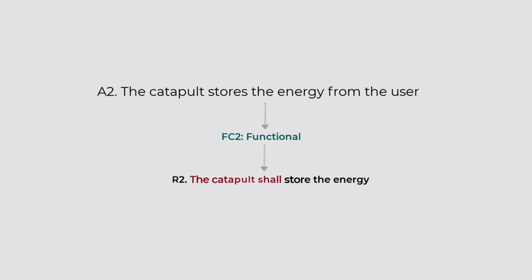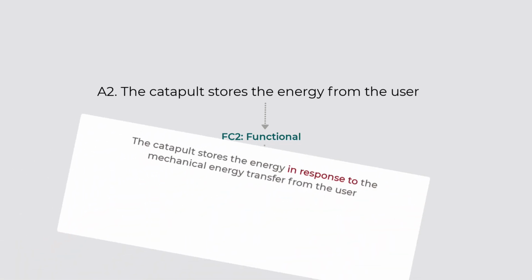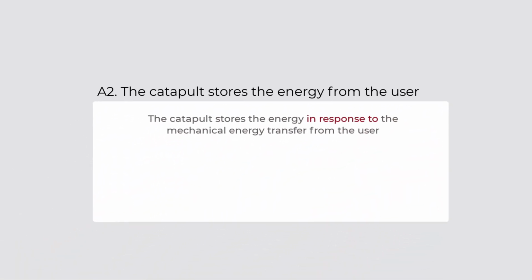Let's examine this activity more closely. The intention is for the catapult to store energy in response to the mechanical energy transfer from the user. This creates a relationship between A1 and A2, where A2 occurs while A1 is happening. Thus, besides the formula FC2, we need to apply formula FCR1 as well.